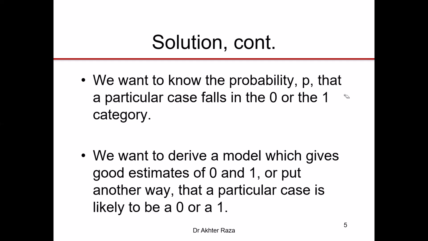But my DV in the logistic regression only has two values. The logistic function will not give you only the two values. Logistic regression will provide you all the probabilities, and these probabilities will be in the range of 0 up to 1.